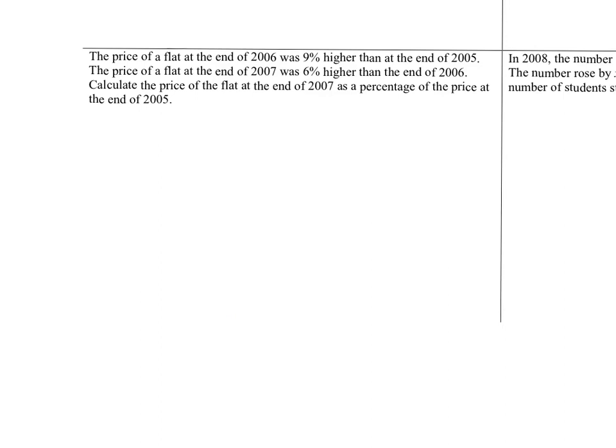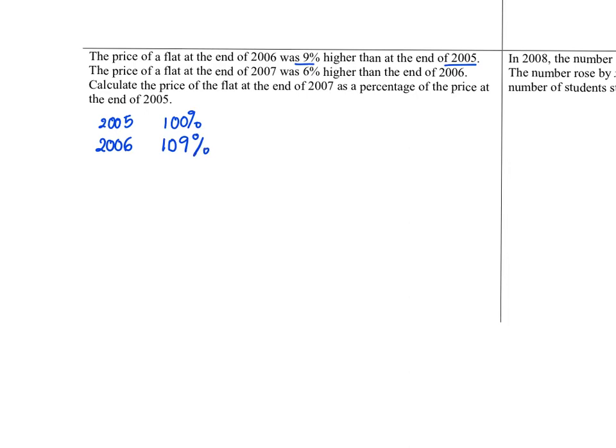Okay, next question. The price of a flat at the end of 2006, so in year 2006, was 9% higher than the price at the end of 2005. Oh, so 2005 was the original 100%. 2006 was 9% higher, so 109%.